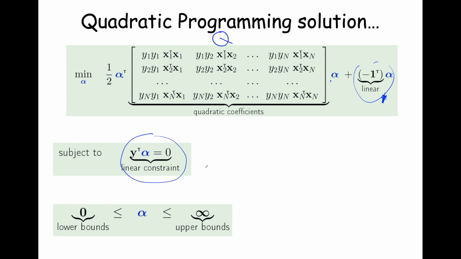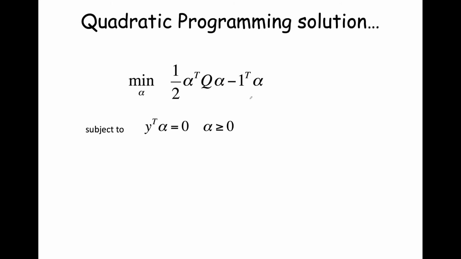And so for the bound on alpha, we don't set an upper bound. Upper bound is infinite, but the lower bound is 0. Alpha is always non-negative. Okay, so this coefficient matrix is then input into our quadratic solver, and we then get back from the solver our alpha vectors that give us our solution.